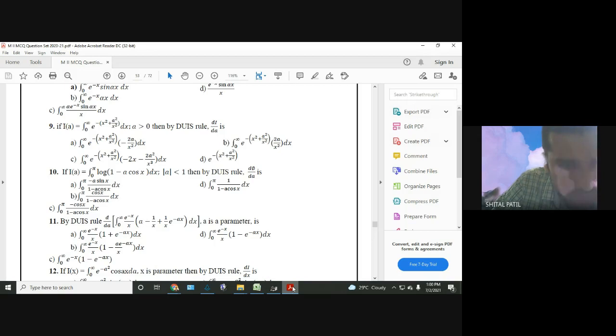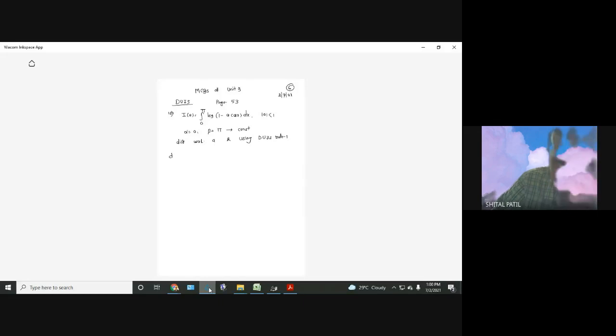So question number 10, d phi by dA, it should be phi of A. Make a small change, this should be phi of A. So d phi by dA equal to integral 0 to pi of del by del A of log of 1 minus A cos x dx.